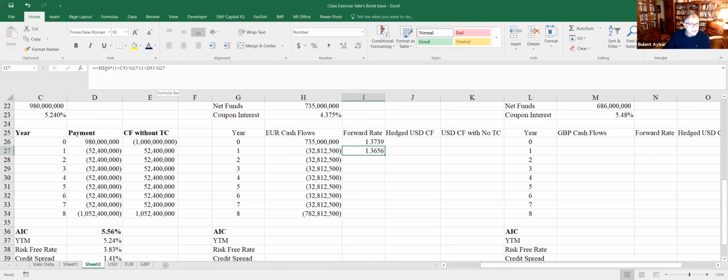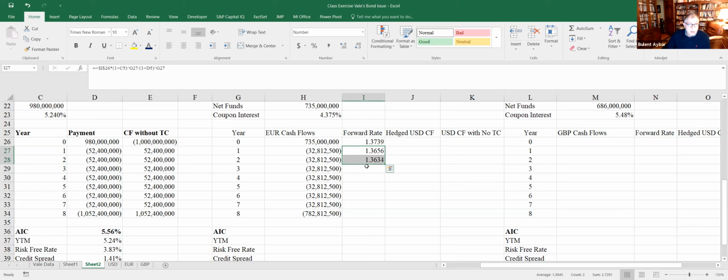Note that I fixed the spot rate because the forward rate for 2 years is going to involve the spot rate at time 0 times 1 plus the 2-year US interest rate to the power 2, divided by 1 plus the 2-year euro interest rate to the power 2. So the second one will involve the power 2, and that is 1.3634.